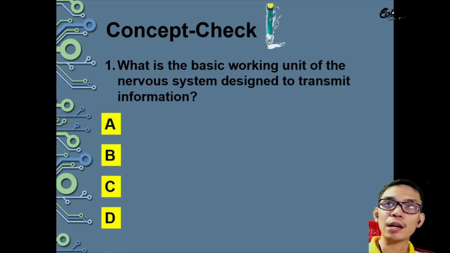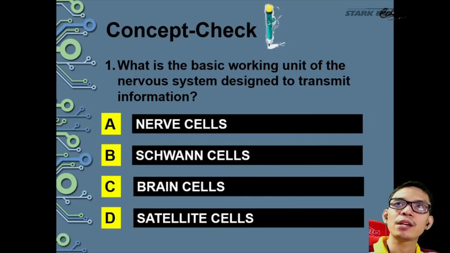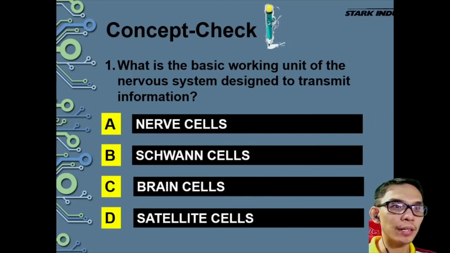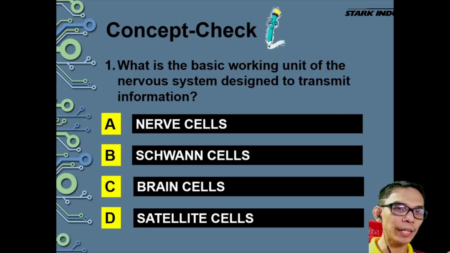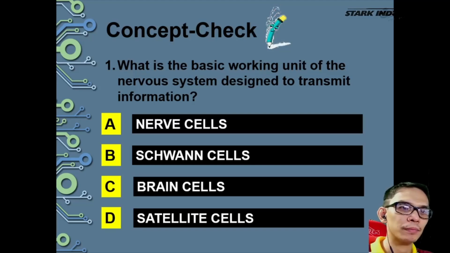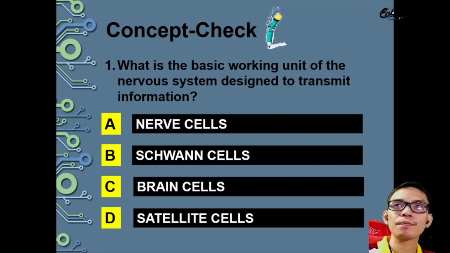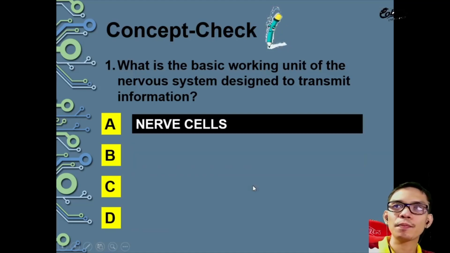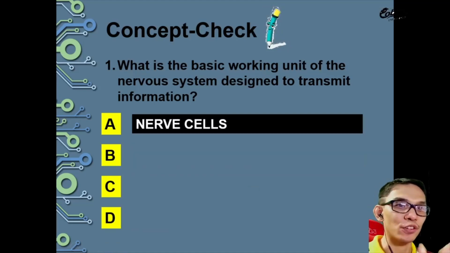The choices are nerve cells, Schwann cells, brain cells, or satellite cells. Select your answer. The answer is nerve cells. Did you get it right? Next.